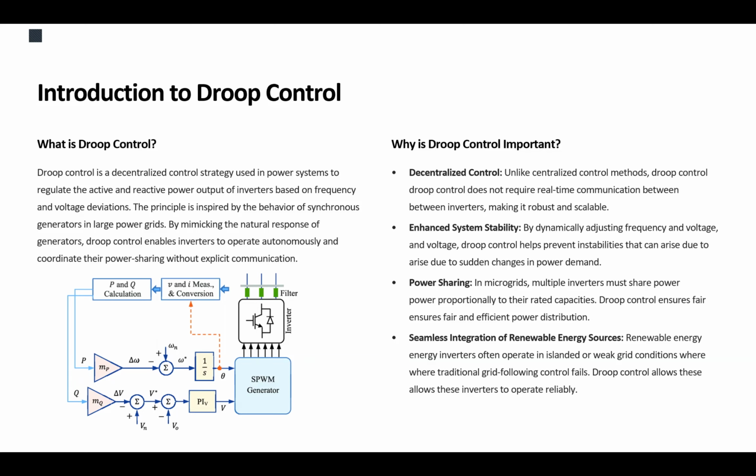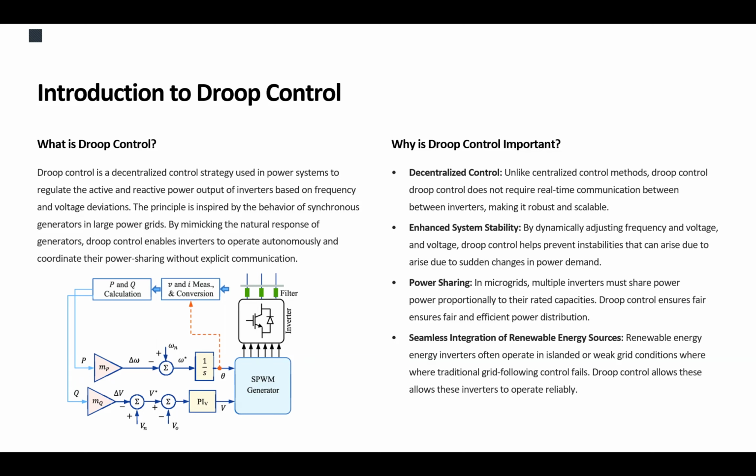I wanted to let you know that most of the examples you might find on the internet, either in videos or text, mostly apply the droop control to a three-phase system because it is more convenient. Low power single phase inverters are normally not designed as grid forming inverters. They are mostly low power, so they are mostly grid following inverters.